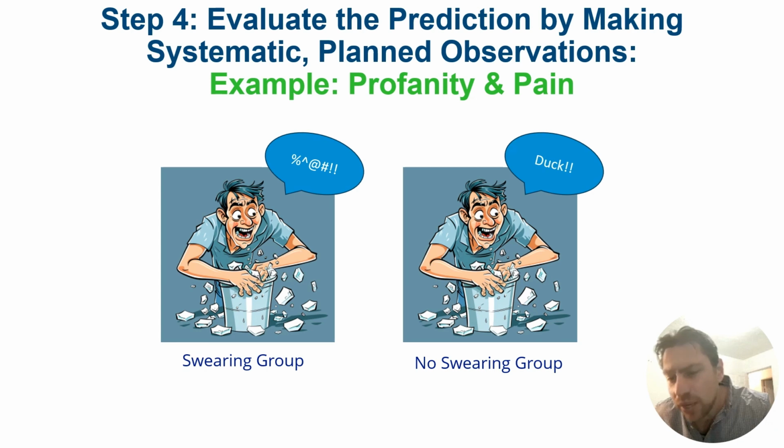And their measurement was how long do people in each group keep their hands in the ice water? What is their tolerance for pain as a consequence of using profanity or using ordinary non-profane language?